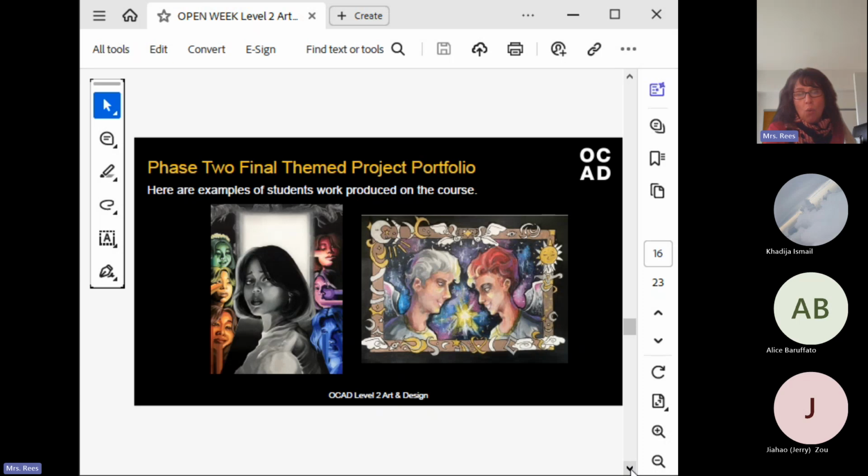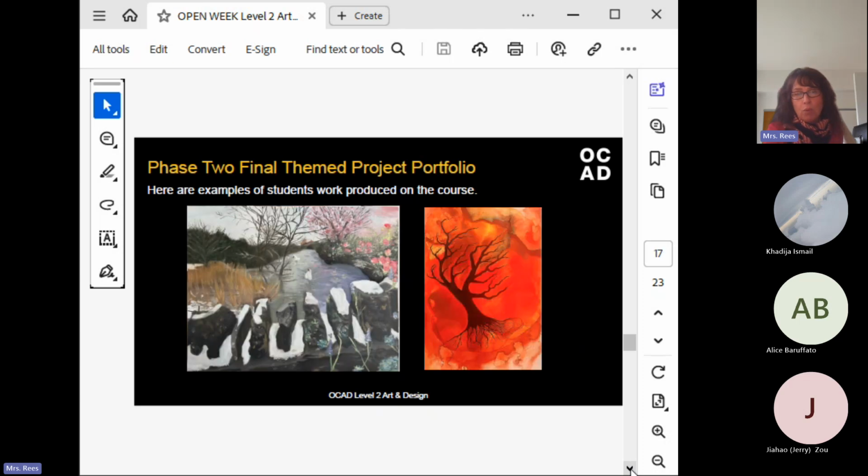So some really wonderful examples of different techniques, processes, and it's about the students really thinking about what they're strong at, how they want to develop their idea, thinking about their visual language, the concept that they have of these pieces. And all of these pieces have been produced through a whole portfolio for phase 2. We never just jump to a final piece.